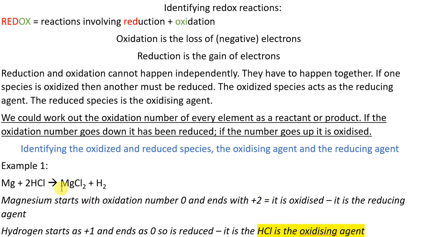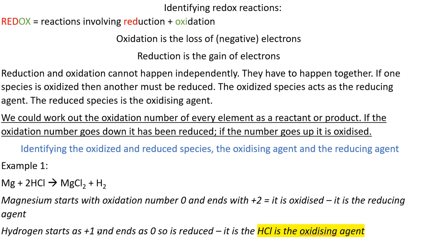Why plus 2? Two reasons. Mg is in group 2, so forms the ion Mg2+, and it's combined with 2 negatively charged chloride ions. So Mg has gone from Mg 0 to Mg plus 2. It's oxidized. If it's oxidized, it's the reducing agent.